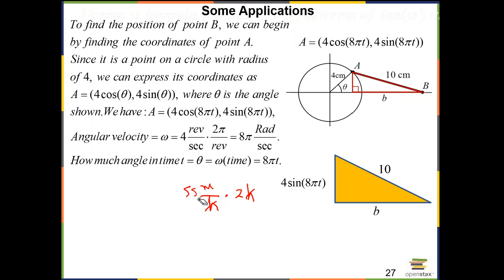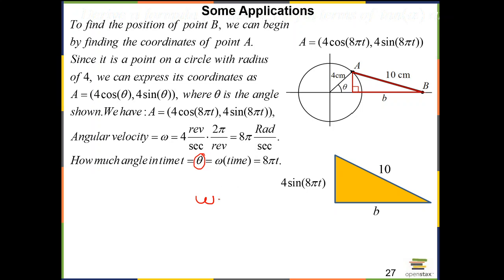So if you do 8 pi radians per second for, let's say, 2 seconds, then you go 16 pi radians, right? So it becomes an angle. So velocity times time gives you basically how much angle, right?